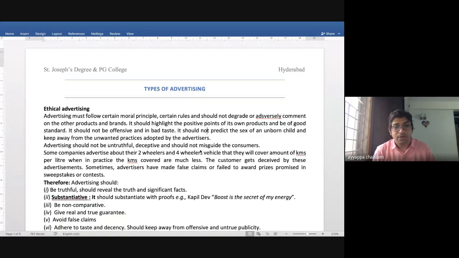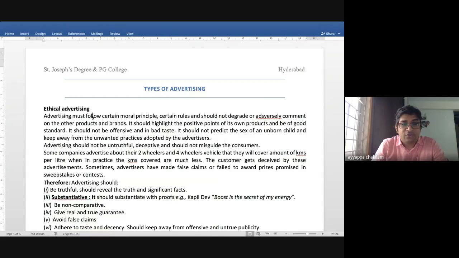So there is a particular agency, just like a regulatory body. We have an advertising regulatory body for India, who compares and tries to see which of the advertisers are making truthful claims or untruthful claims. They shouldn't make any kind of false claims.